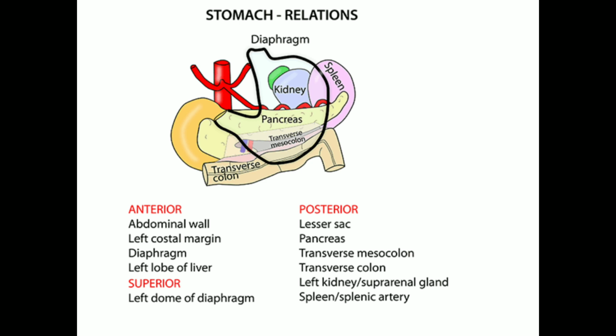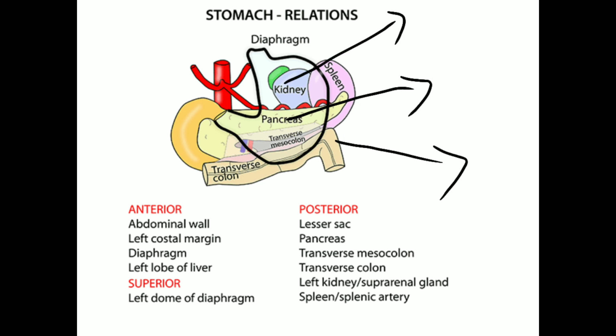You can see this organ here, the pancreas. Then the transverse colon with the transverse mesocolon, then the left kidney, left suprarenal gland, and next the spleen. The spleen is supplied by a tortuous artery running like this, called the splenic artery.